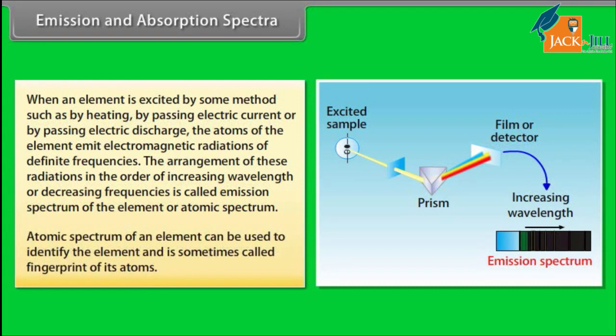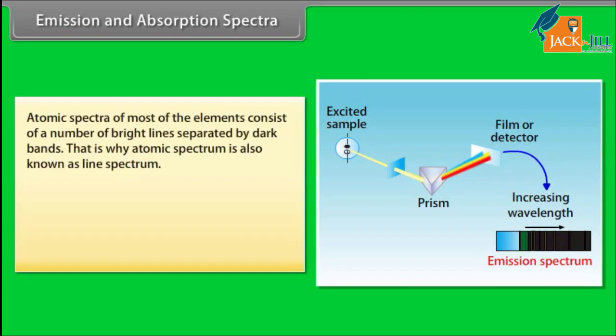Atomic spectrum of an element can be used to identify the element and is sometimes called the fingerprint of its atoms. Atomic spectra of most elements consist of a number of bright lines separated by dark bands. That is why atomic spectrum is also known as line spectrum.